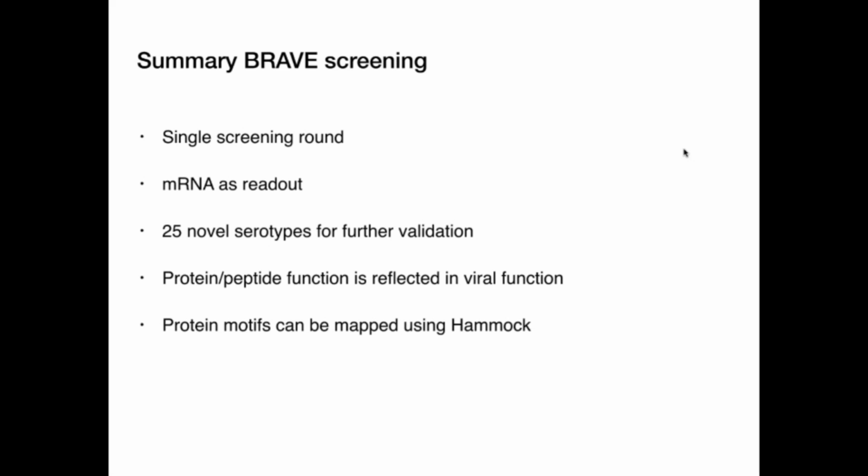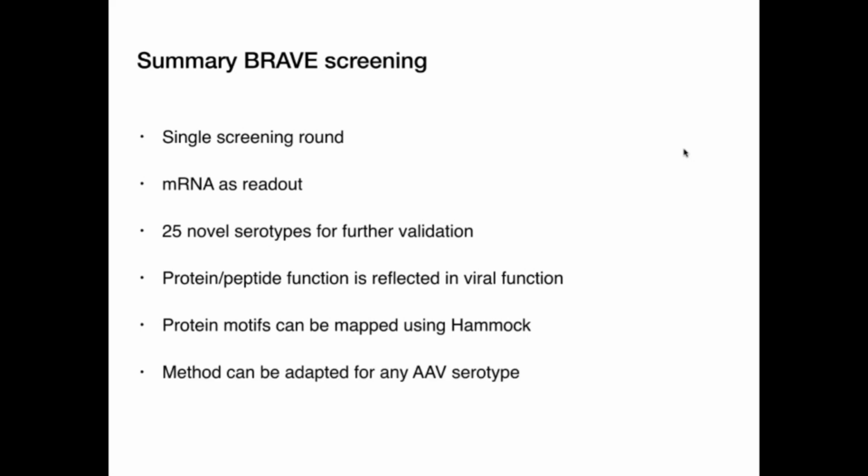These protein motifs that we found can then be mapped using a hidden Markov model called the hammock. So we can start looking at unique peptides, or amino acids in unique positions, that are crucial or detrimental for the function of the inserted peptide.